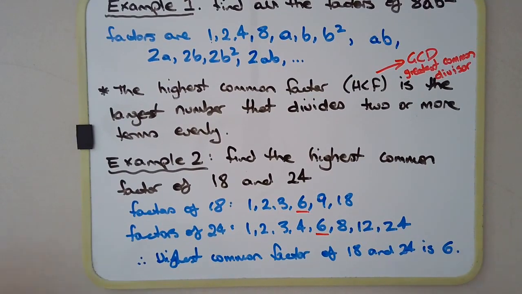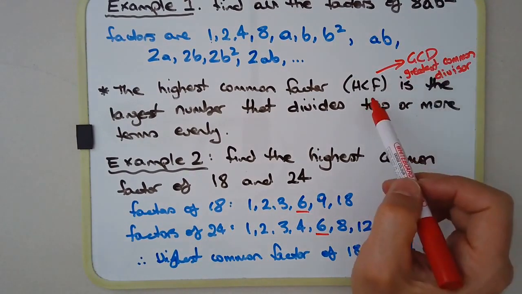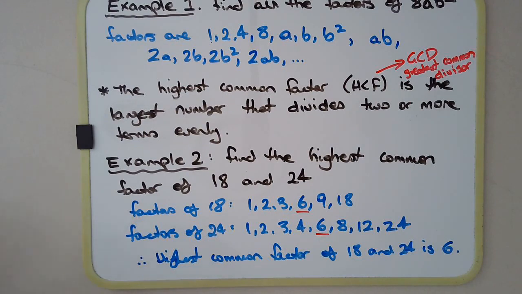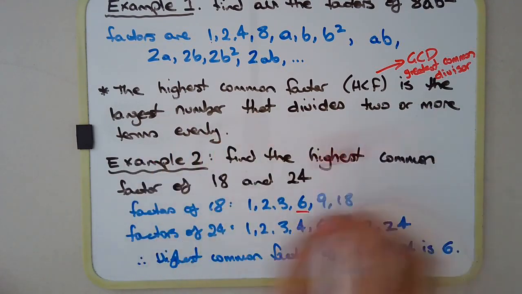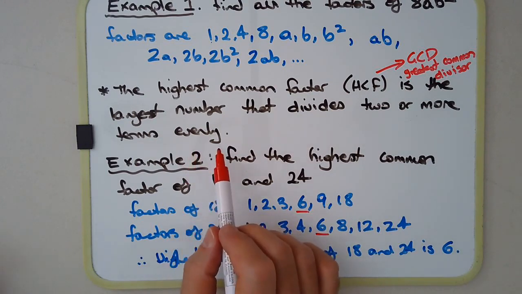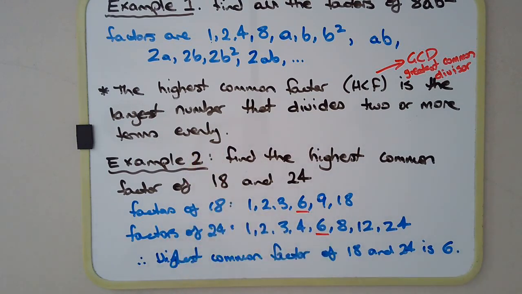Sometimes if you see GCD or HCF, as far as we're concerned, they're absolutely identical. Divisor relates to division, something that divides something else. The highest common factor is the largest number that divides 2 or more terms evenly. It can be 2 or more numbers, and it can involve algebra as well. We're going to look at both examples shortly.